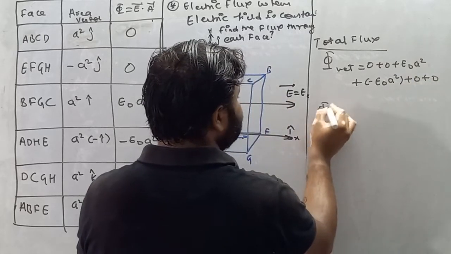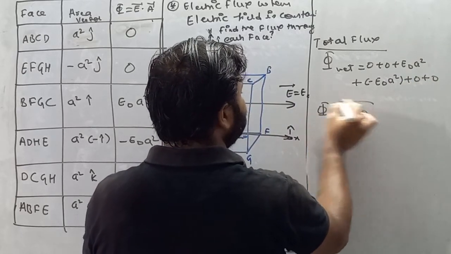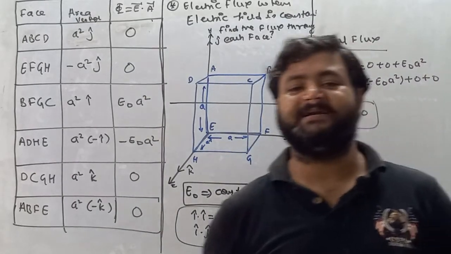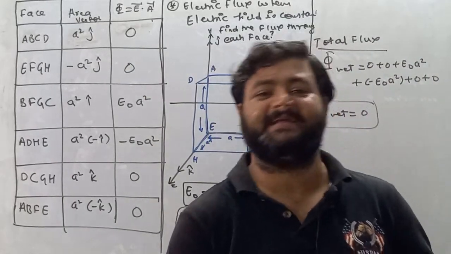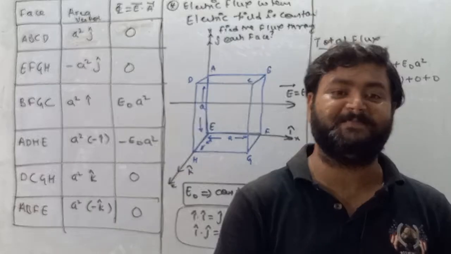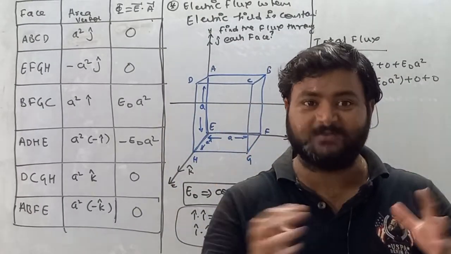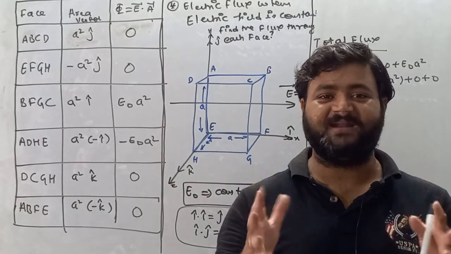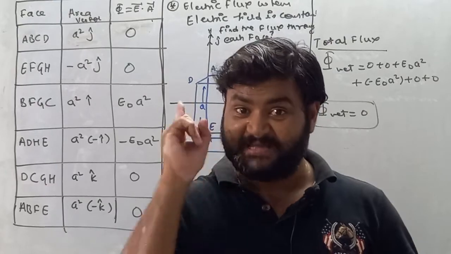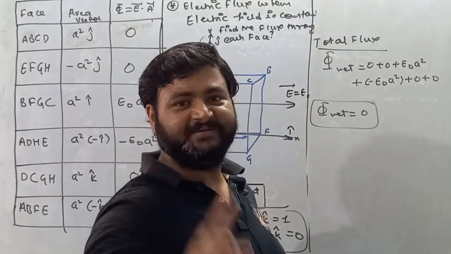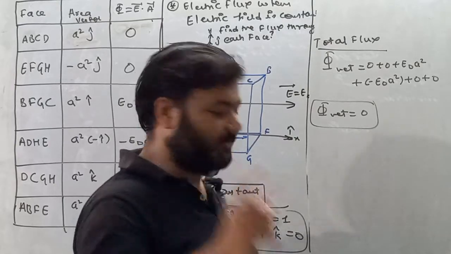So phi net again is equal to 0. This is a very important result. What we get here is, if we have a closed figure placed in a constant electric field, not variable, I am talking about only constant electric field, then the flux through that figure is 0.